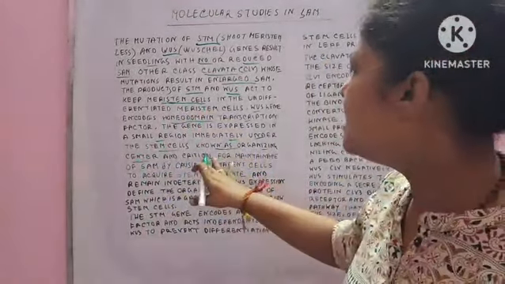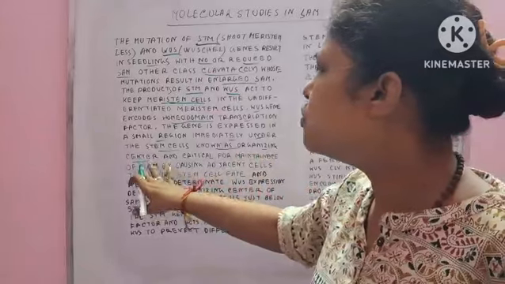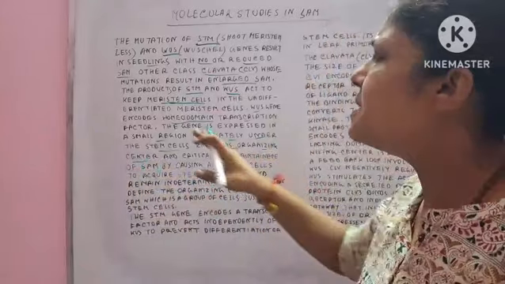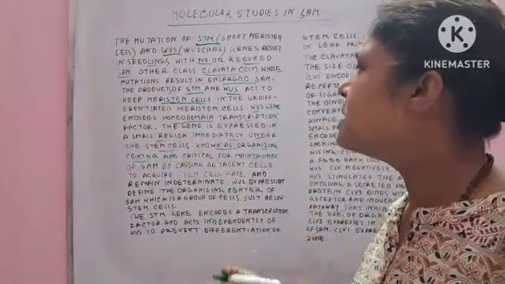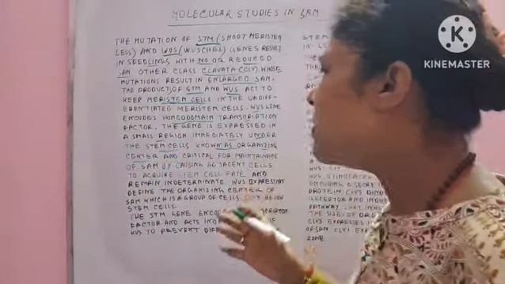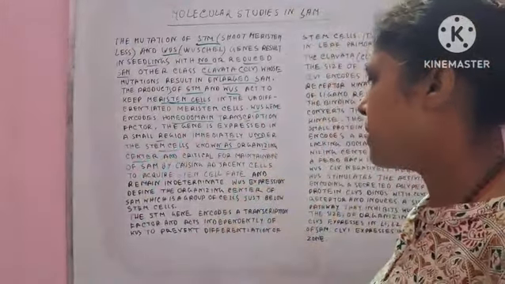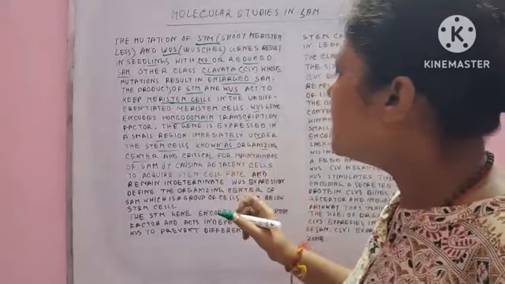Why? Because the organizing center is critical for maintenance of the shoot apical meristem, since it maintains the meristem cell division.